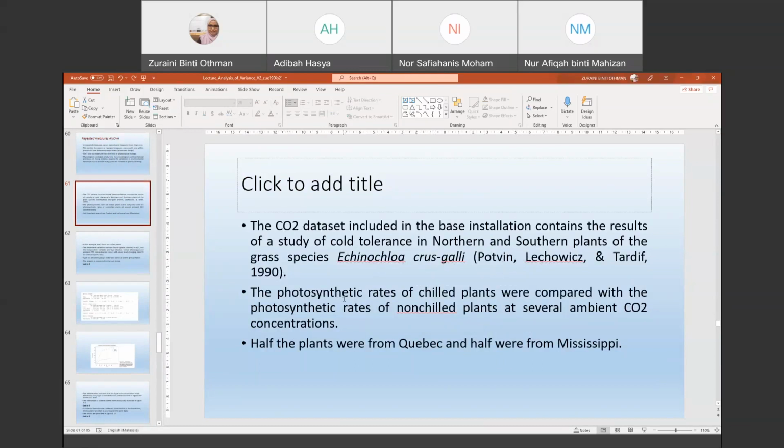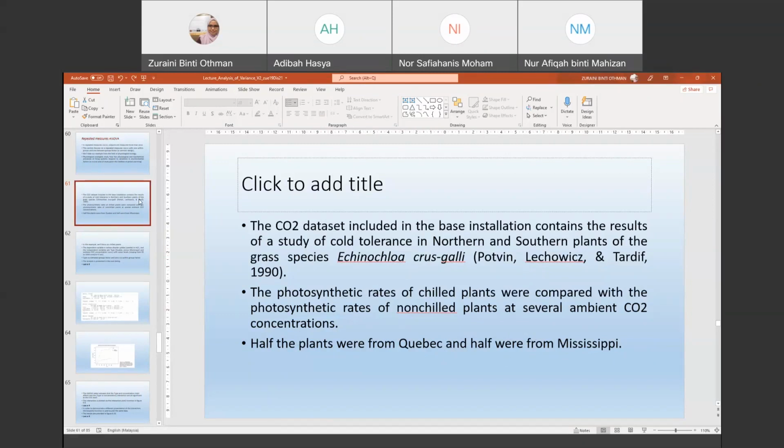The photosynthetic rate of chilled plants was compared with the photosynthetic rate of non-chilled plants at several ambient carbon dioxide concentrations. Half of the plants are from Quebec and half from Mississippi. There are two different locations of plants, and we have to know the rate of chilled plants and non-chilled plants.